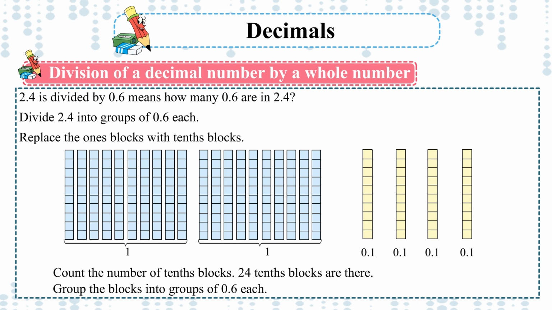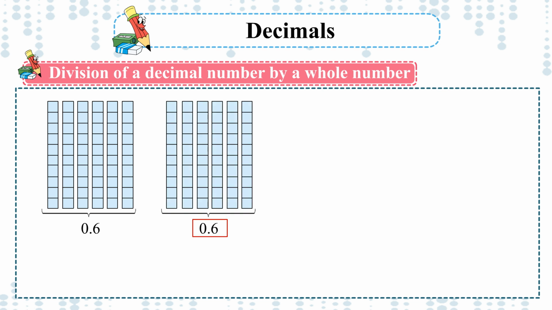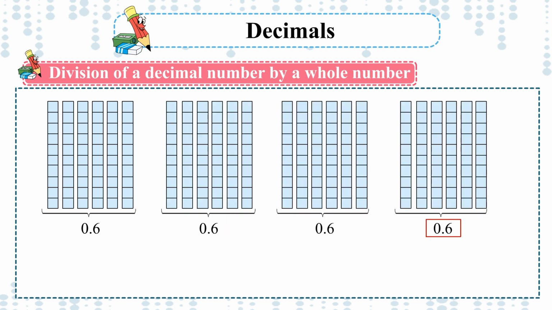Group the blocks into groups of 0.6 each. 0.6, 0.6, 0.6, 0.6. There are 4 groups of 0.6. So, 2.4 divided by 0.6 is equal to 4.